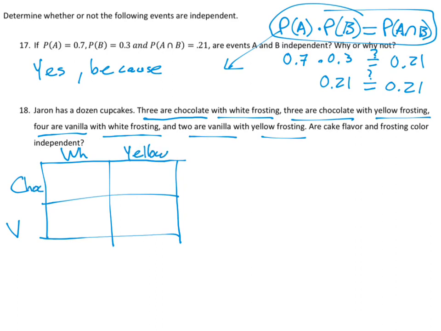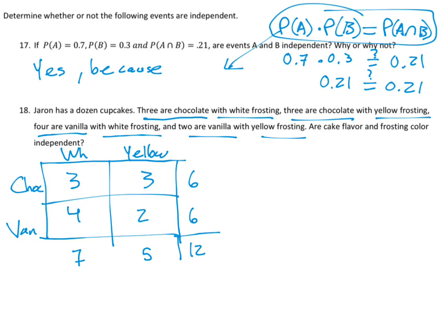I'll call this choc and van. We got 3 chocolate with white frosting, 3 chocolate with yellow frosting, 4 vanilla with white frosting, and 2 vanilla with yellow frosting. Let's get our totals here. We got 7 white, 5 yellow, 6 vanilla, and 6 chocolate, which means there's 12 total.